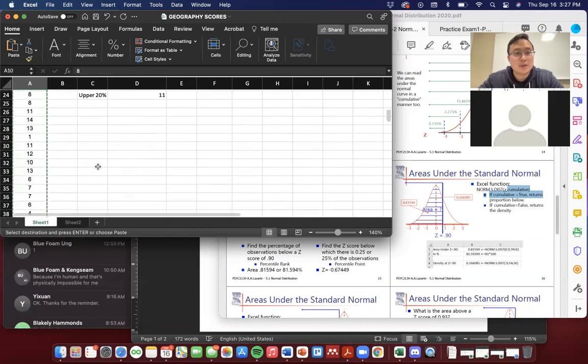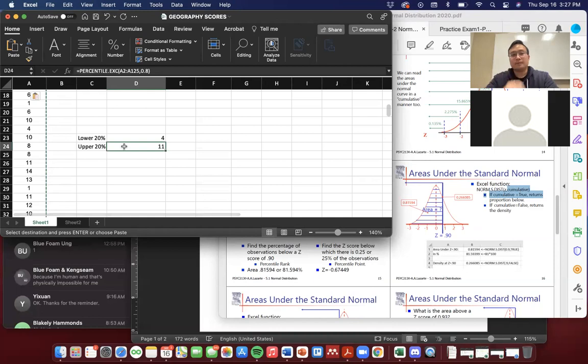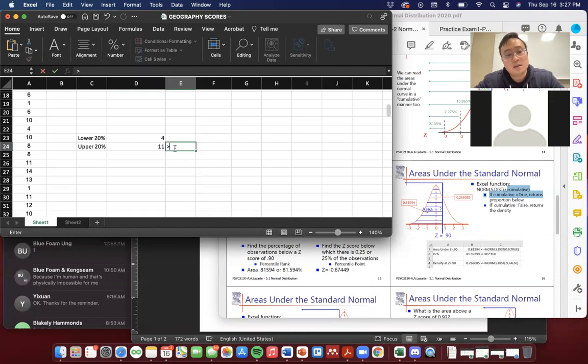Now it's just hard numbers. Okay. So it will always be at 11 now. So this means that for the number 11, 80% of scores in this data set are 11 and below, right? But that also means that the upper 20% are all greater. So that's how you get the upper 20%.